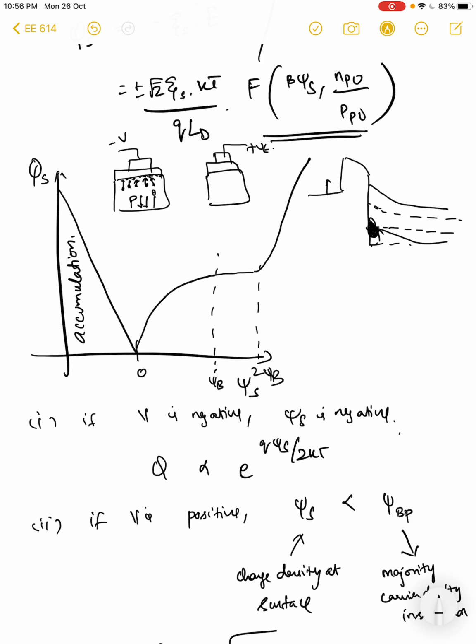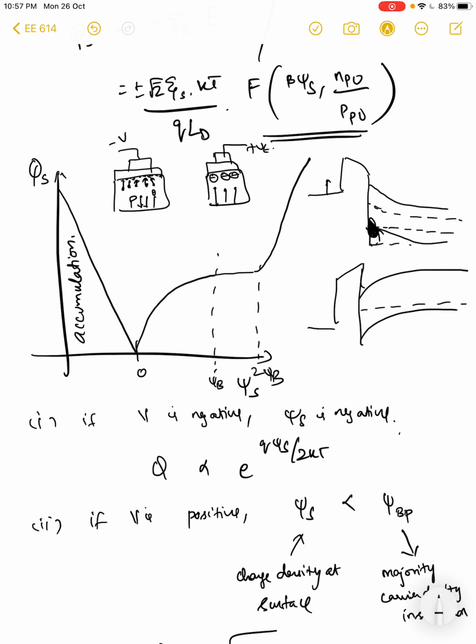If I repel the holes, I will start to have negative charges here, but now not from mobile charges but from immobile donor or immobile acceptor ions. So what happens to the band structure under such situations? I have a metal work function like this, and because the holes are removed, the bands have to bend in this particular fashion, and I have the Fermi level here.